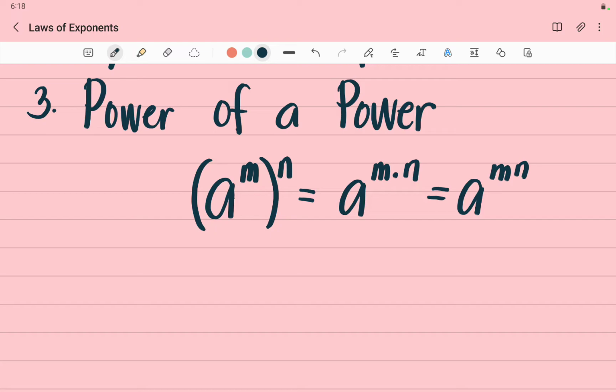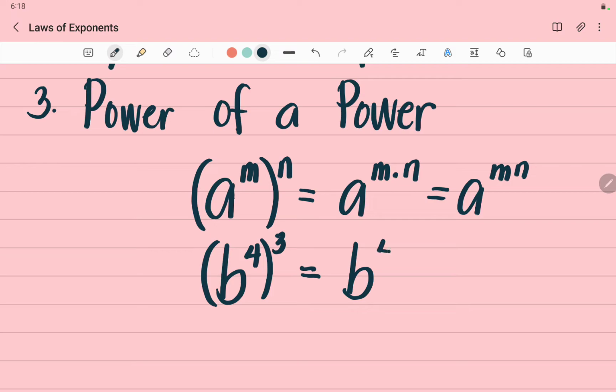Still no? Okay, may we have another example. b raised to 4, cubed. So b raised to 4 times 3. Final answer, we have b raised to 12.